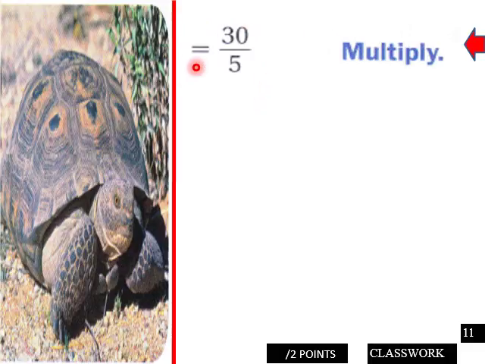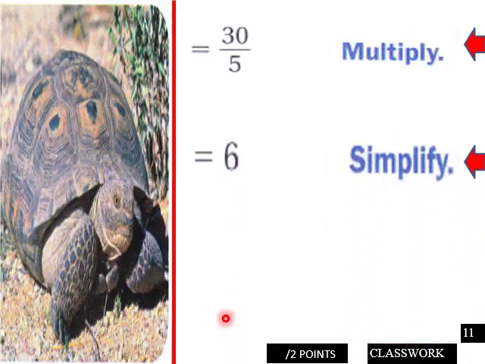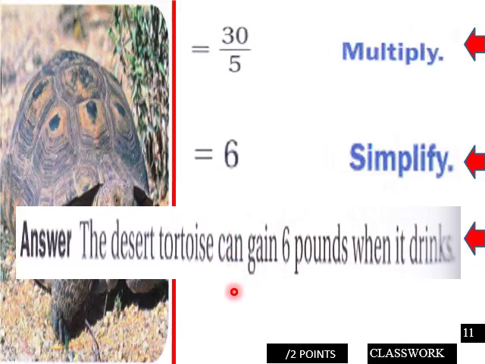So 40% of 15, which is 2 over 5, is 30 over 5, which equals 6. So, to wrap it up, a desert tortoise can gain 6 pounds when it drinks, because that's 40% of 15. 15 times 2 over 5 equals 30 over 5.